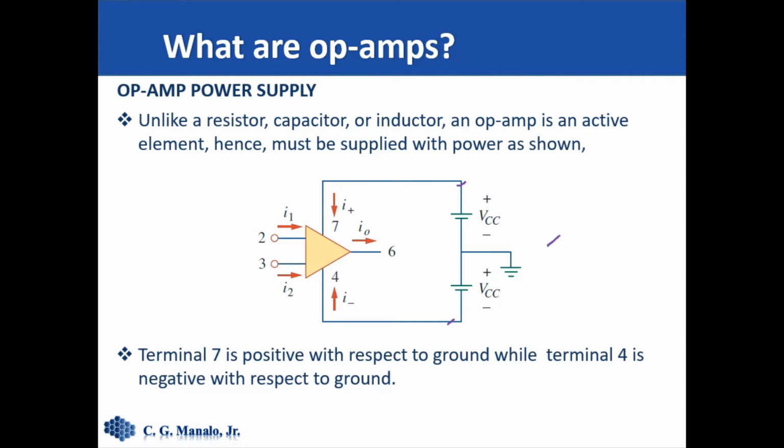So there must be a ground potential. Here in this drawing, we connected two supplies in series, and the node between them is connected to ground to provide the positive and the negative voltages.